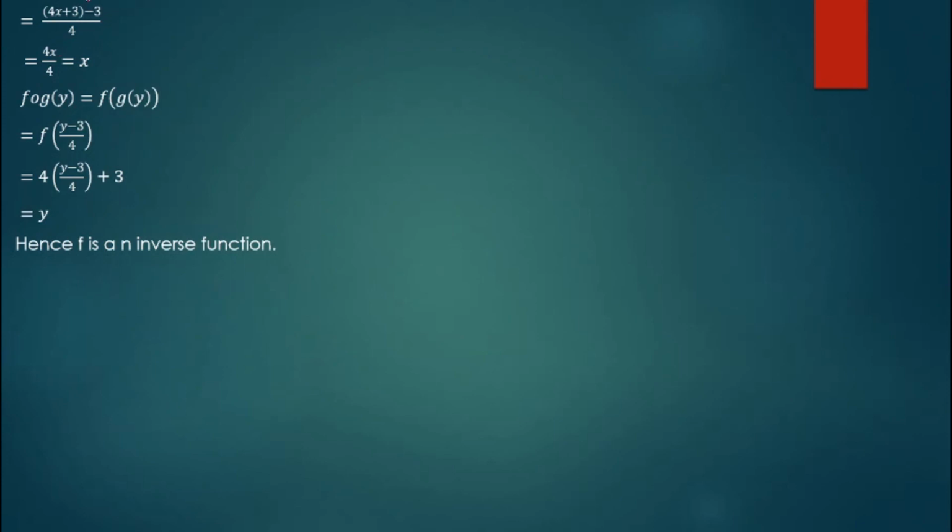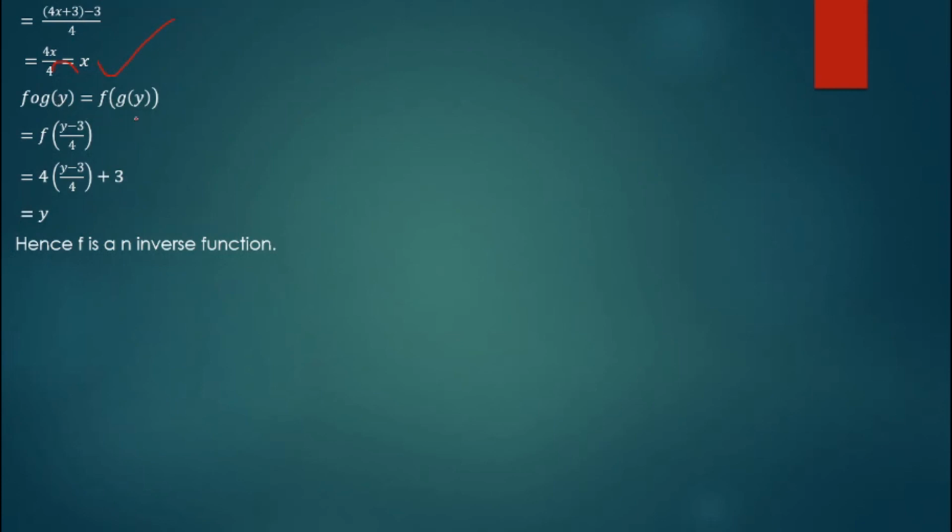And after substituting, instead of x we write 4x plus 3. So plus 3 minus 3 is 0. So remaining 4x by 4, and 4 gets cancelled, then we have remaining x. So we got x. So gof is equal to x. So gof is satisfied according to the definition.